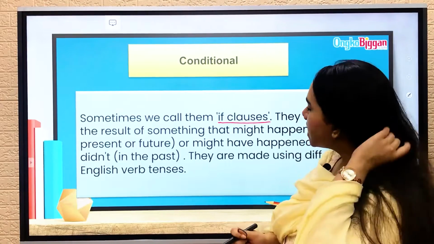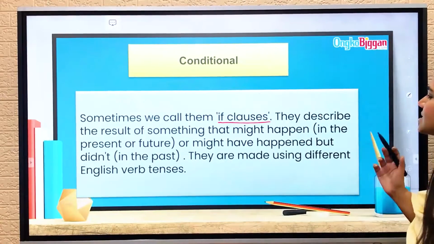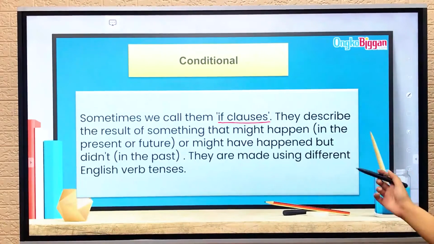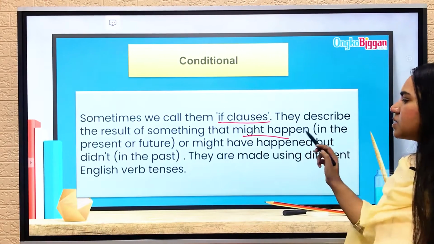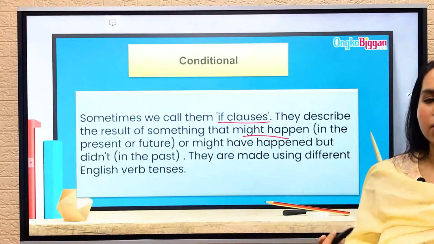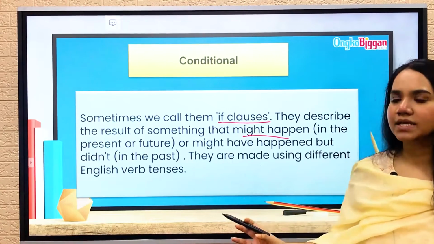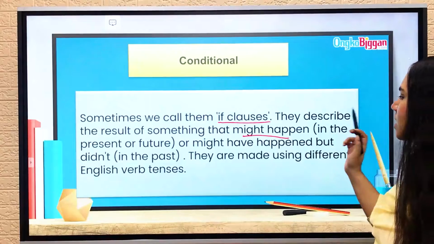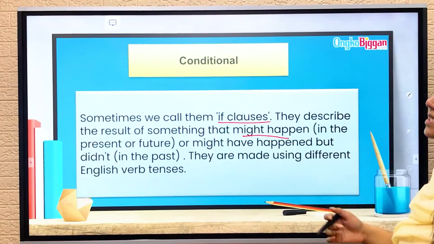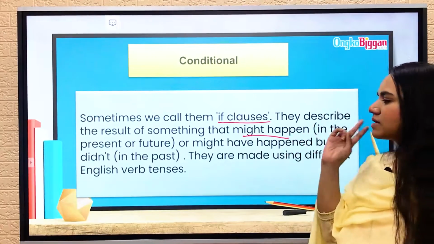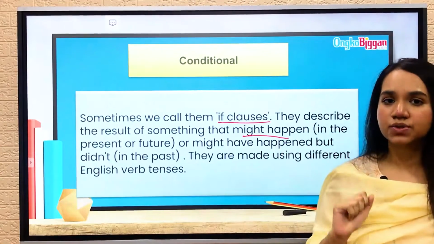So if clauses are useful to make us understand that there is something that might happen. This means that we are unsure, uncertain of the significance of this happening now, or it might have happened but didn't in the past. So there are actually 2 different things that we should consider.